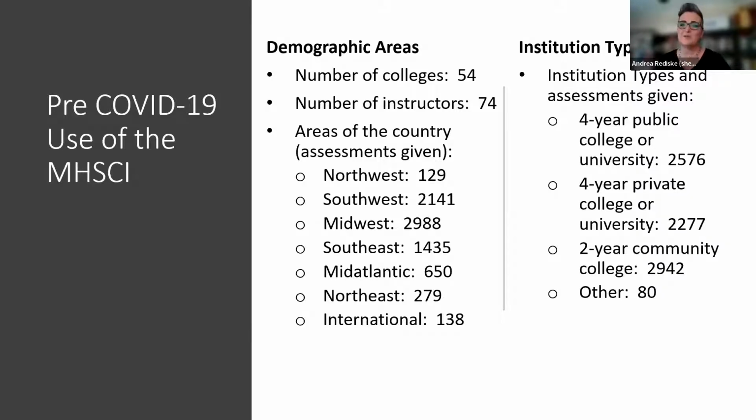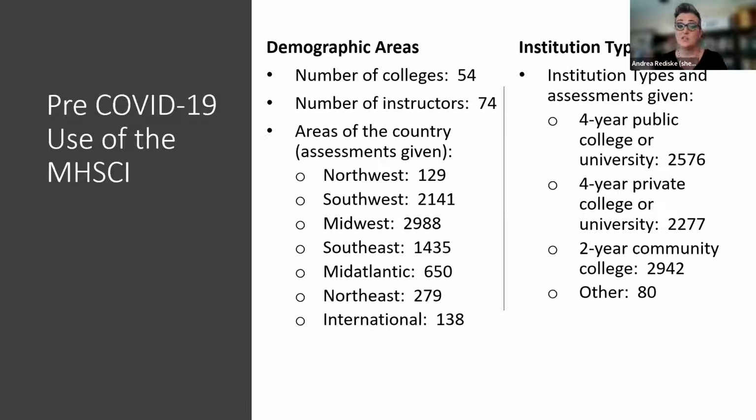Not surprisingly, in the Midwest, where Heather is, they're using it quite extensively. I'm doing my best down here in the Southeast, but we have 138 tests being given internationally. And there's a pretty even distribution between four-year public, four-year private, and two-year community colleges.